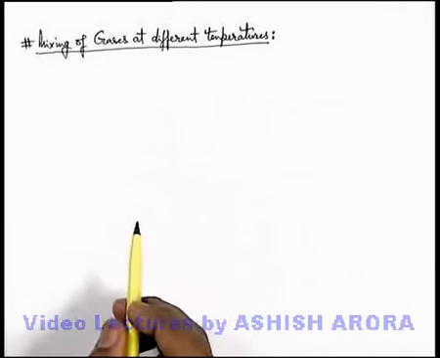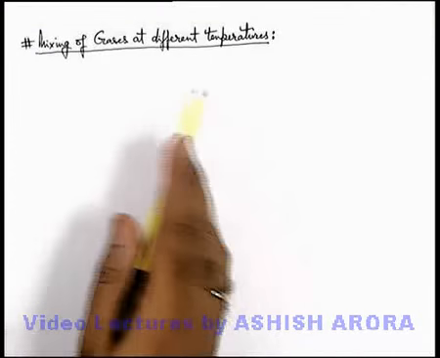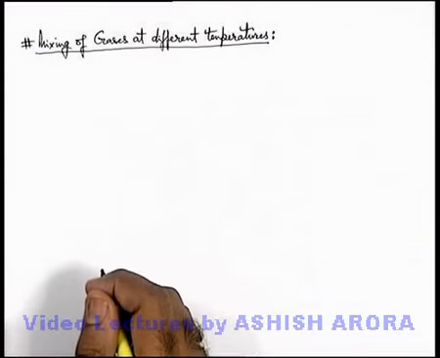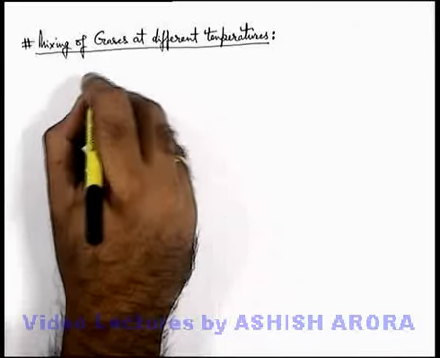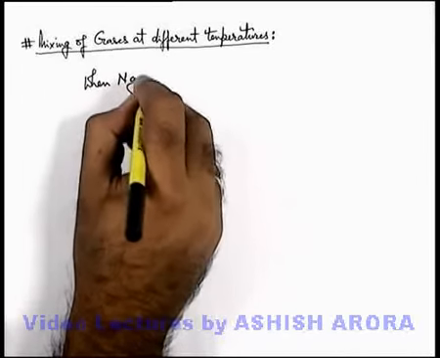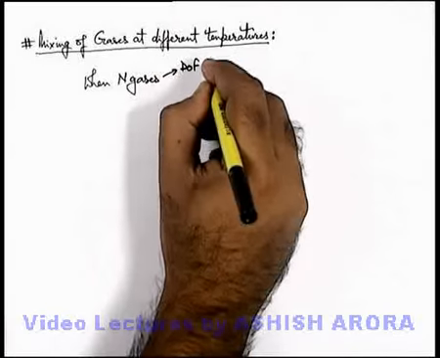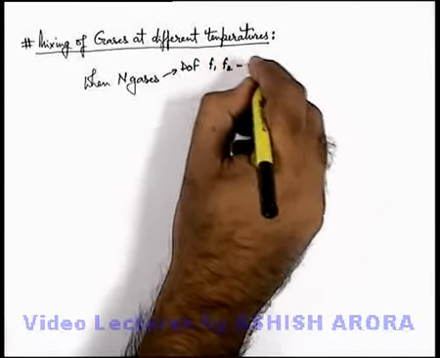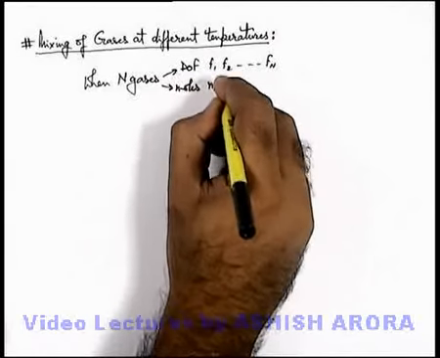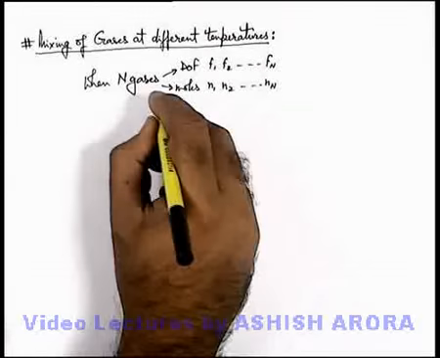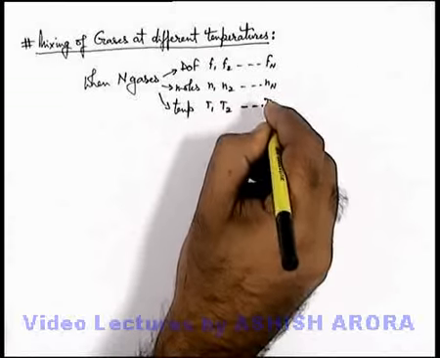Just like we have done the conservation of internal energy, we can also analyze the mixing of gases at different temperature using the similar concept. To analyze mixing of gases at different temperatures, say we consider n gases which are having degrees of freedom F1, F2 up to Fn, moles which are taken N1, N2 up to Nn, and which are having temperatures T1, T2 up to Tn.